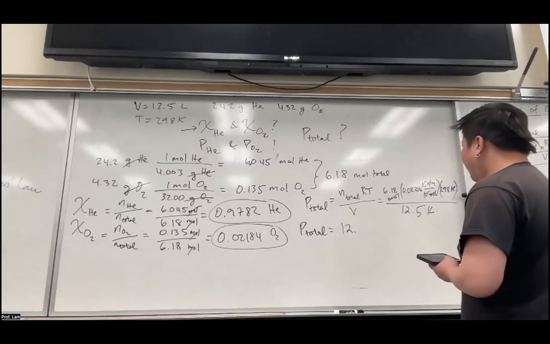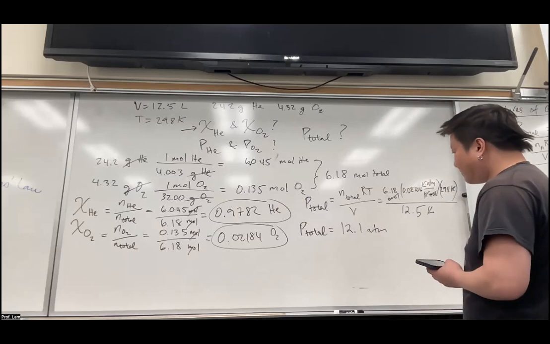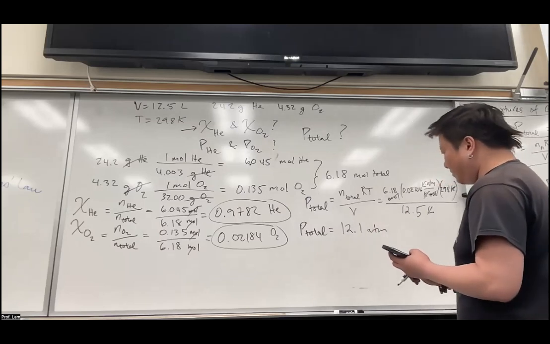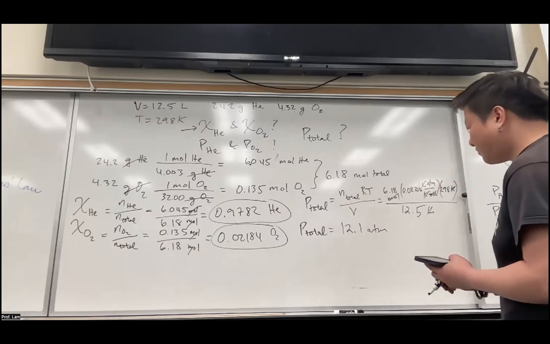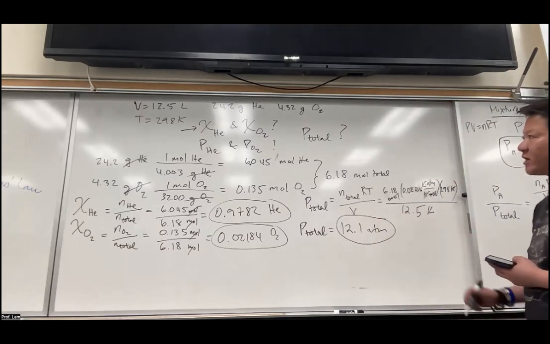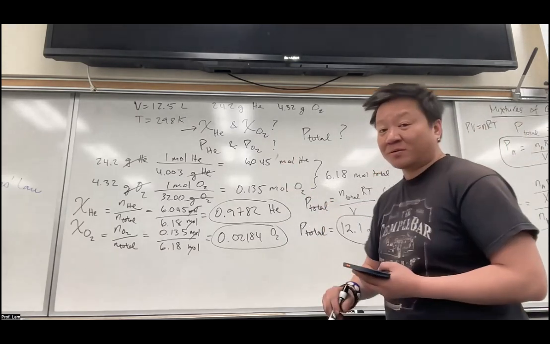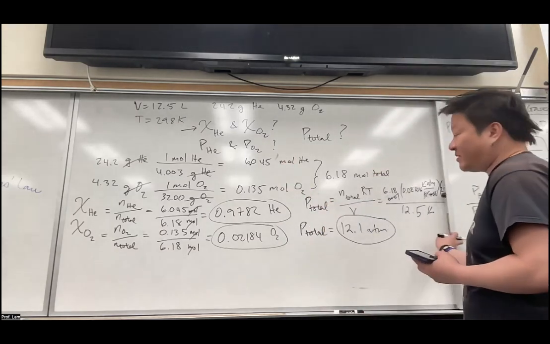Well, if I do 3 sig figs, then 12.1 atm. Okay. So that'll be the P total answer. Okay. So now that I have P total, I can get partial pressure easy. Remember this equation?